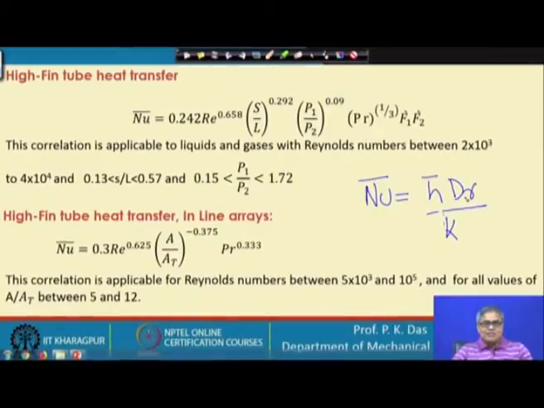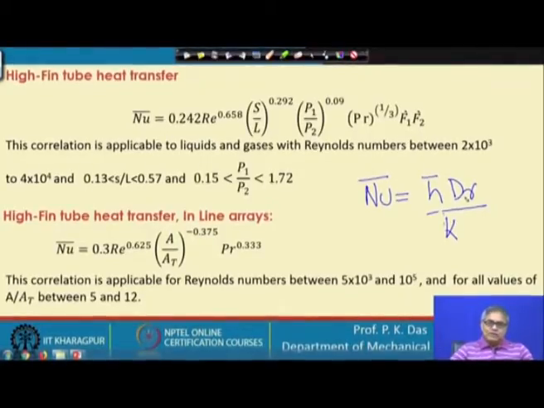Now, gas side h bar is dependent on gas side area or finned area. That is why in the previous lecture we spent time showing you how to calculate the fin side area. So, that is important.